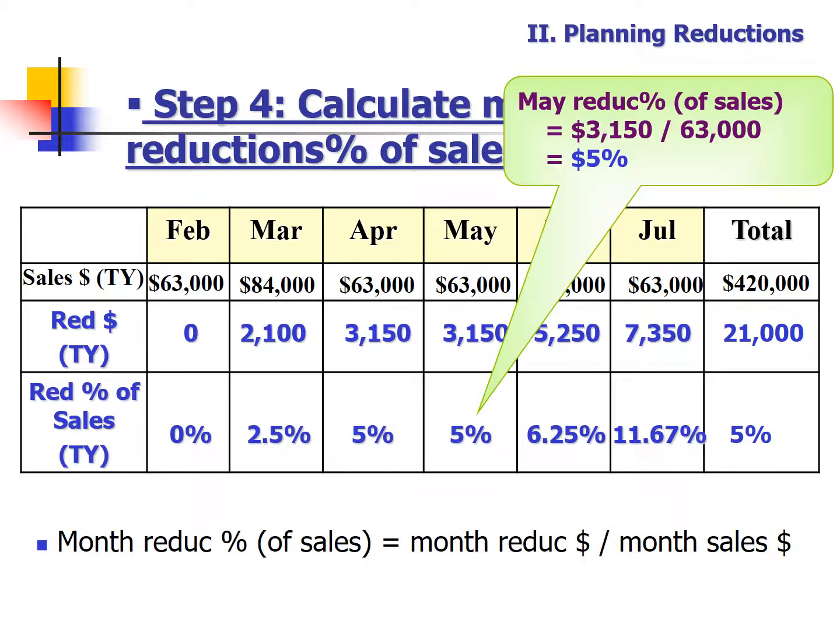So that was based on the plan. So this 5% is an initial planned figure, and we're also confirming that number by doing the calculation of total reductions dollar over total sales dollar, and we can confirm that our plan was used correctly.